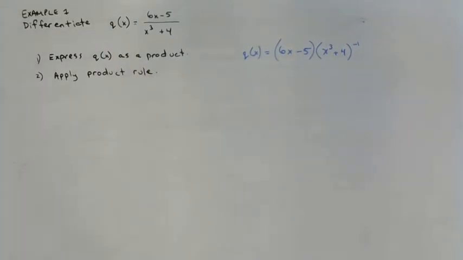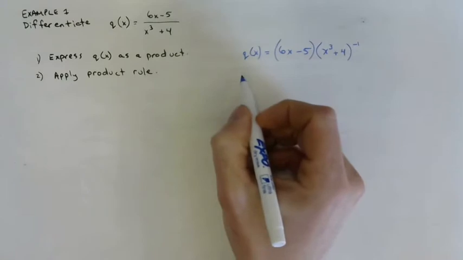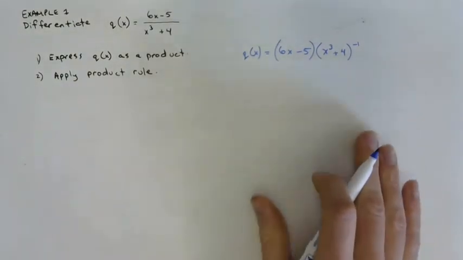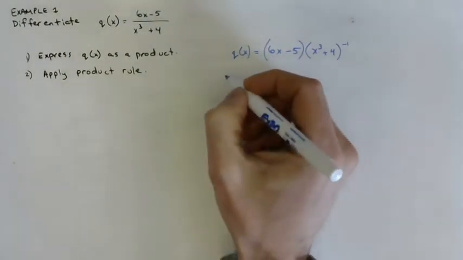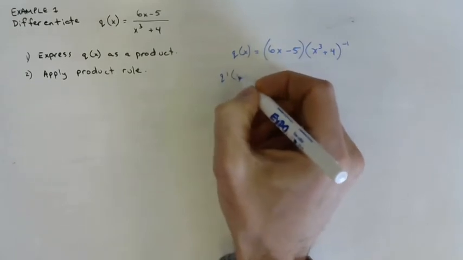All right. So what we're doing is, and I'm probably going to need more space here, but we'll see if I scoot over and write small, we're going for q prime of x.